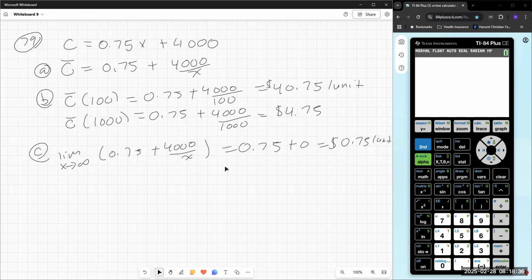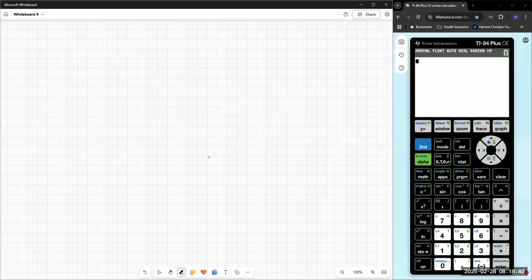So let's go ahead and look at number 80, which is a similar question. Cost C in dollars producing X units of a product is C is equal to 1.50X plus 8,000.